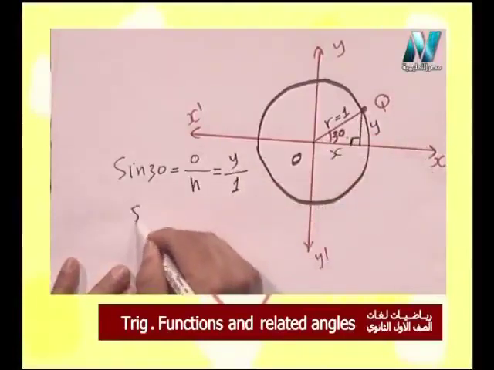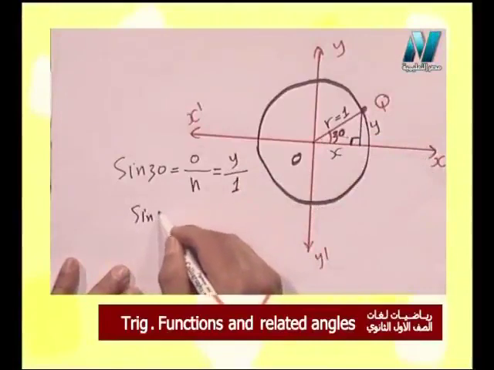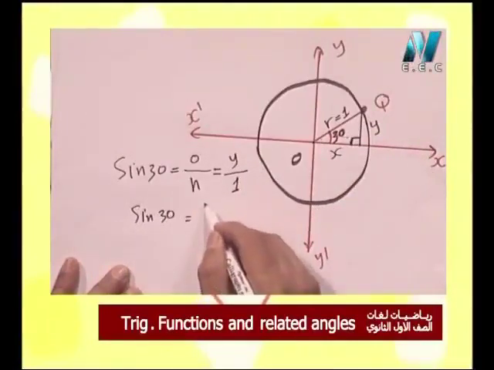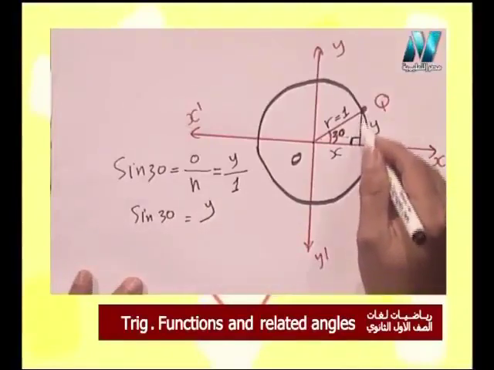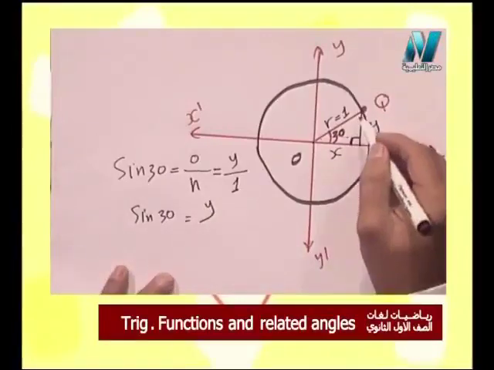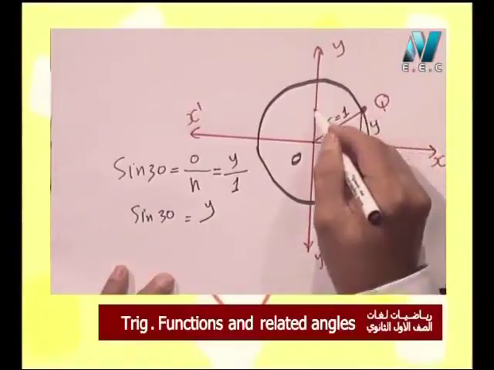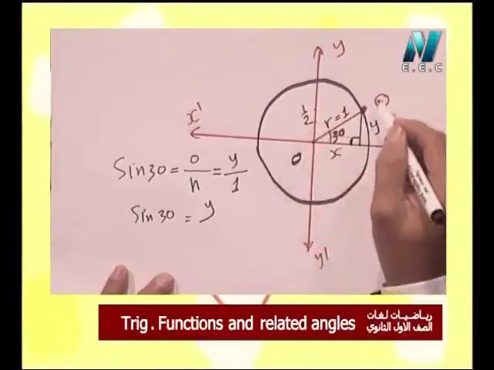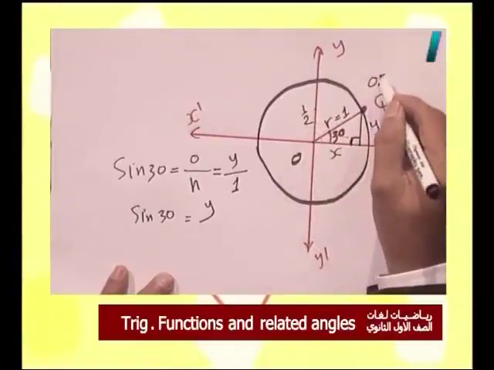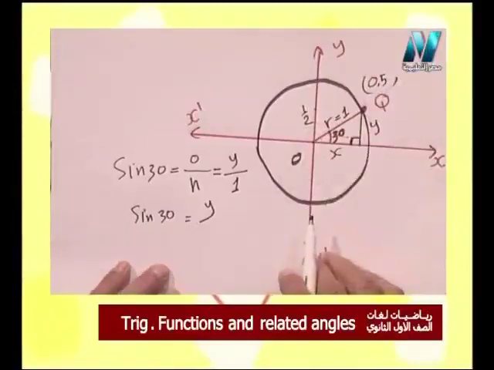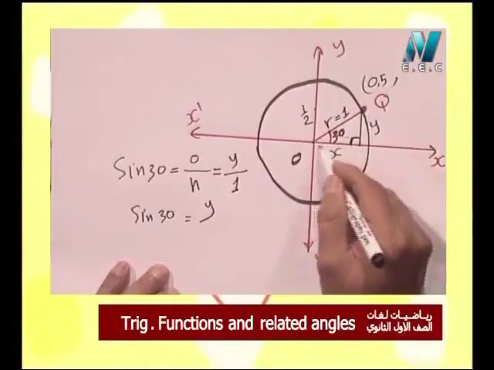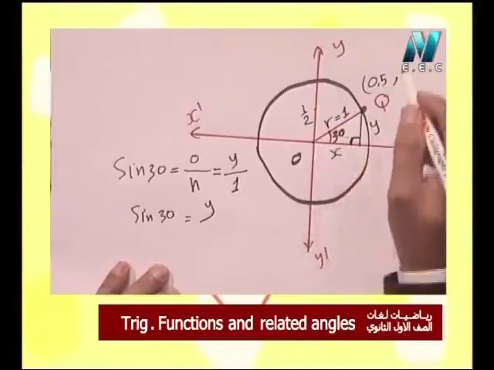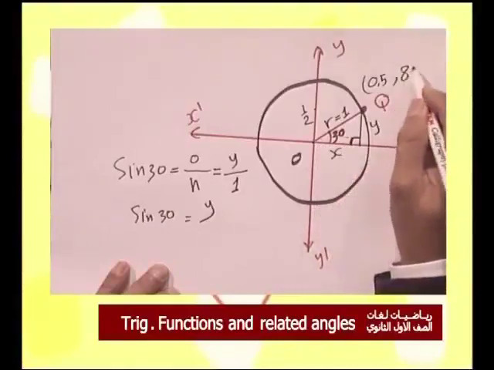So sine of the angle equals y over 1, which equals y. And what is the length of y here? Y here will be half, or 0.5, and x here, as we have seen in the slide, will be approximately 0.87.